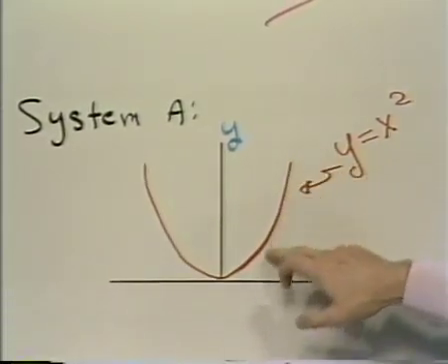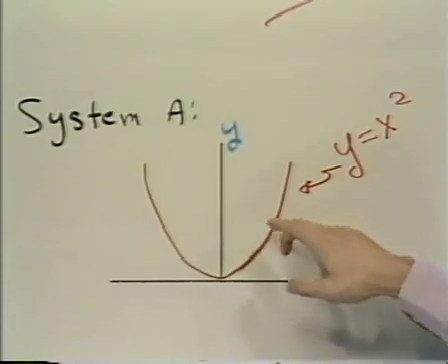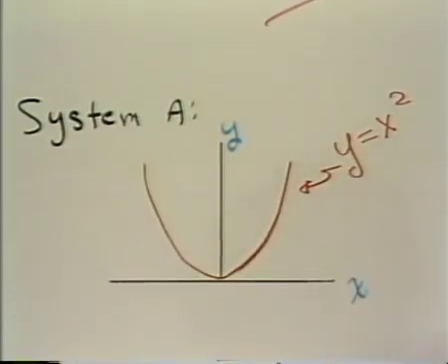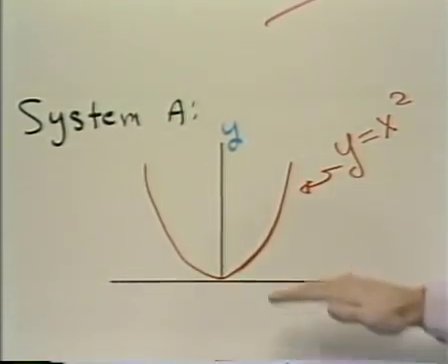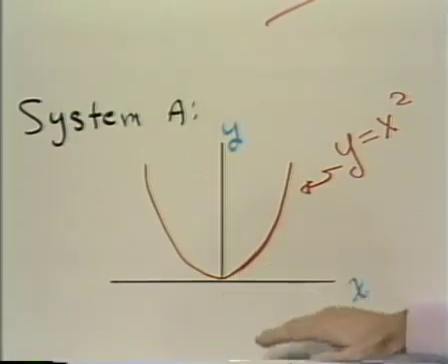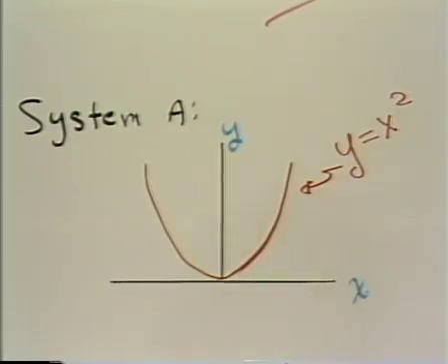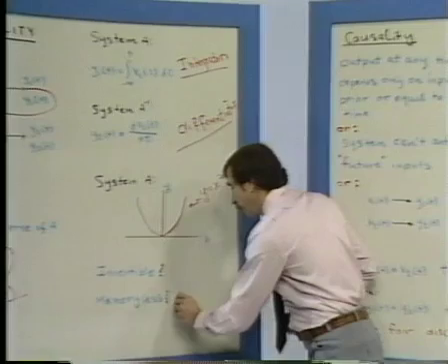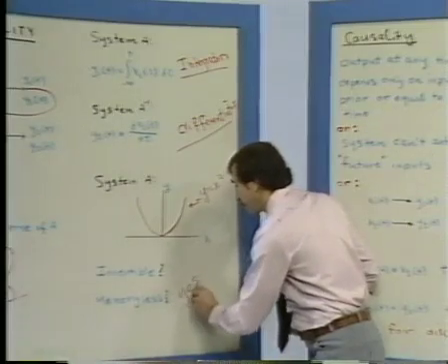So this system is our squarer, as we talked about before. We discussed previously that the squarer is a memoryless system.